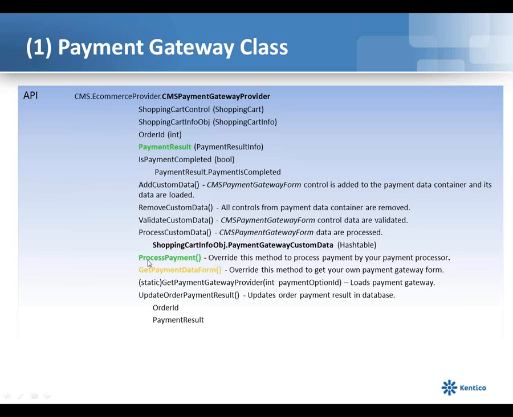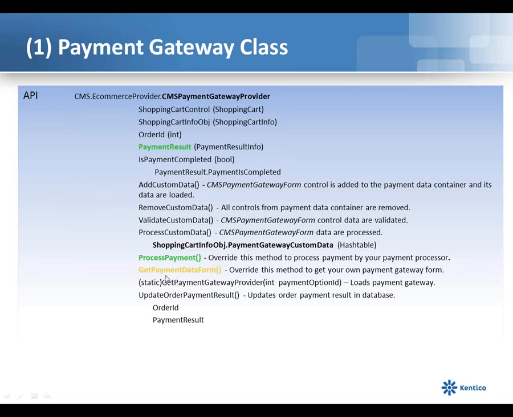So what we need to do is that we need to implement our logic in process payment method. This one is actually called whenever we're trying to process the payment. So custom logic goes into this method. And then depending on which approach we choose, we might want to update the payment result directly within the gateway class or update it later from the notification page.